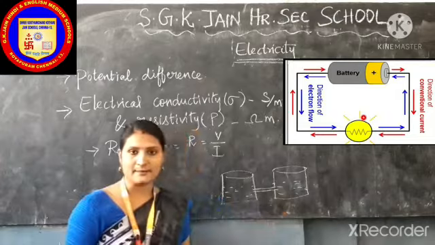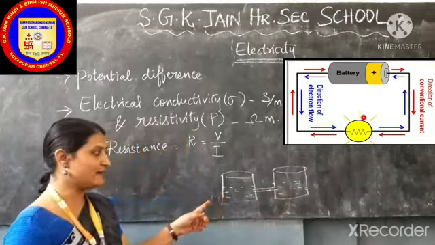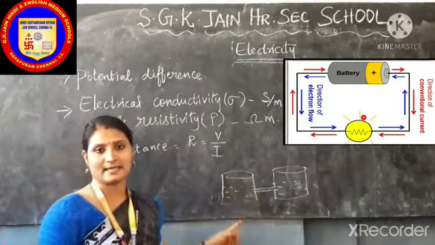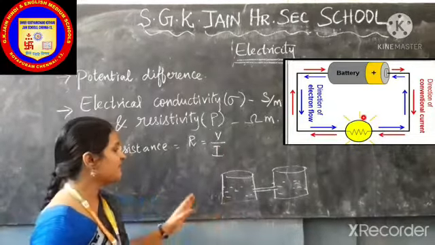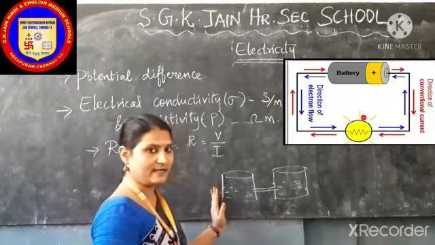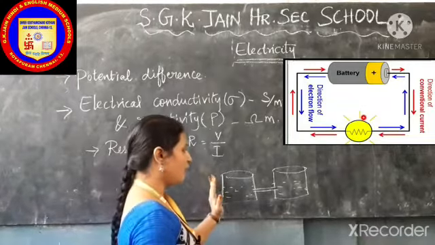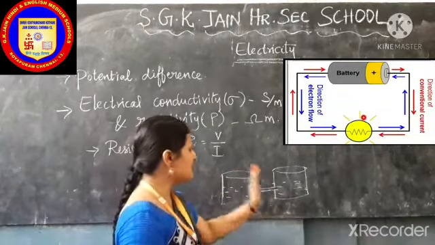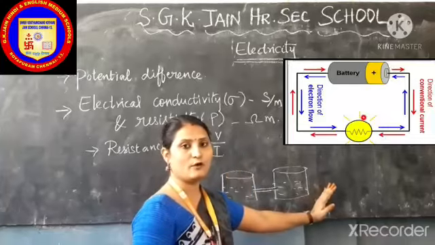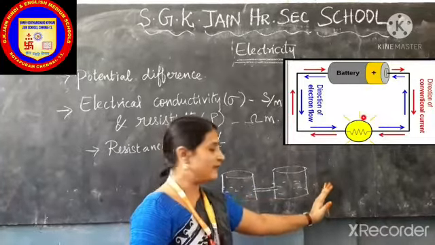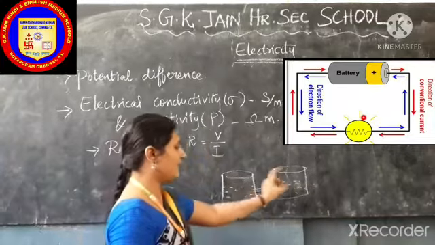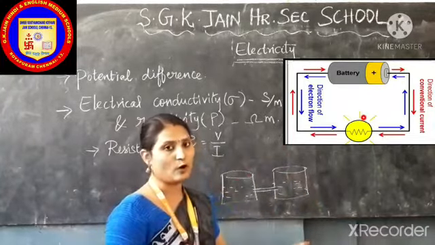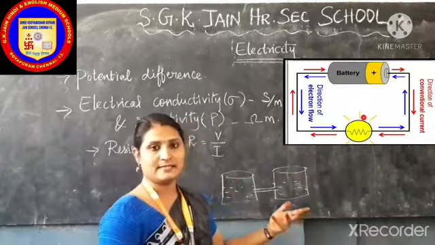Can you tell me whether water will flow from one container to another in this case? No, because the amount of water in the first container is equal to the amount of water in the second container. Even when we connect the two containers, the water flow will not take place.